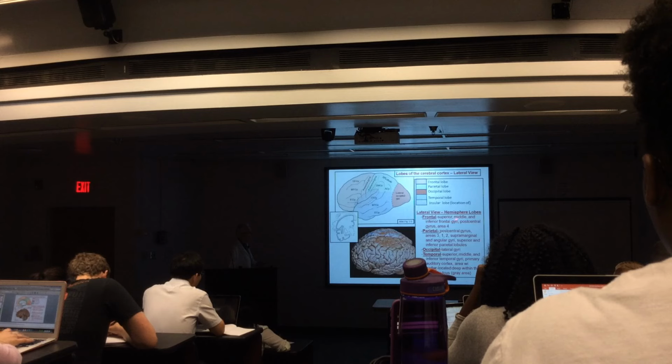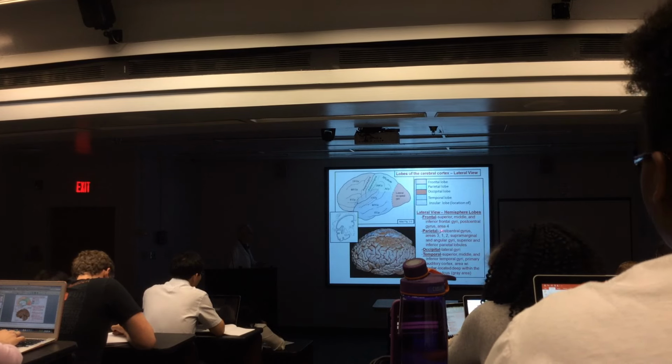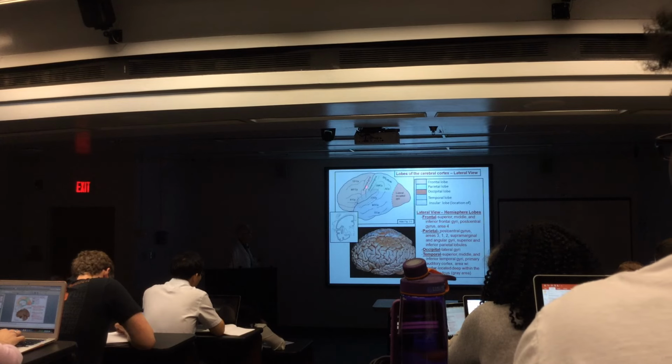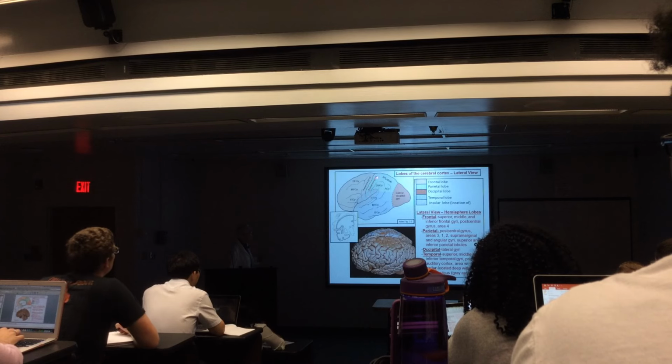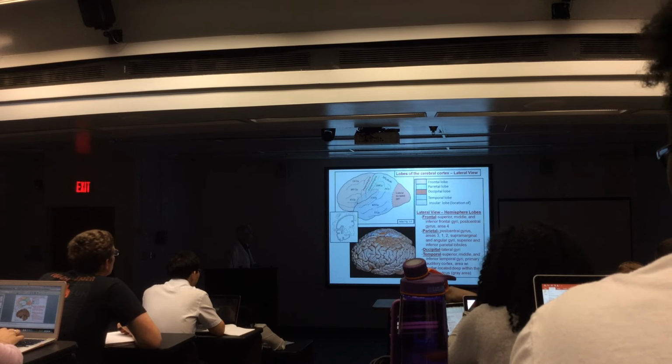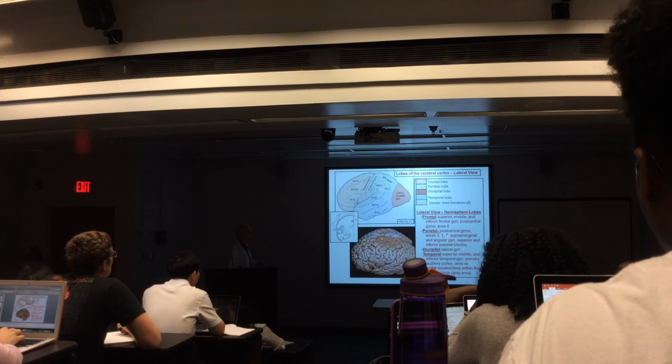So in the frontal lobe, we have superior, middle, inferior, and the precentral gyrus, and your motor cortex is area 4. Parietal is right here. This is the postcentral gyrus here, precentral here. That is areas 3, 1, and 2.